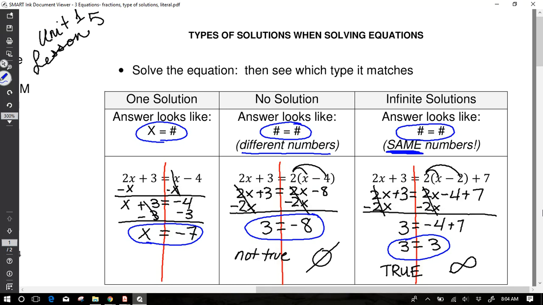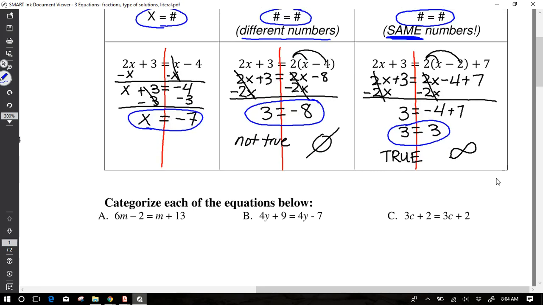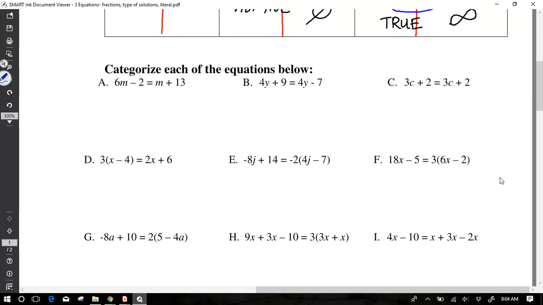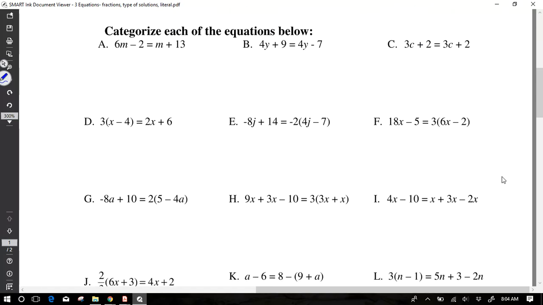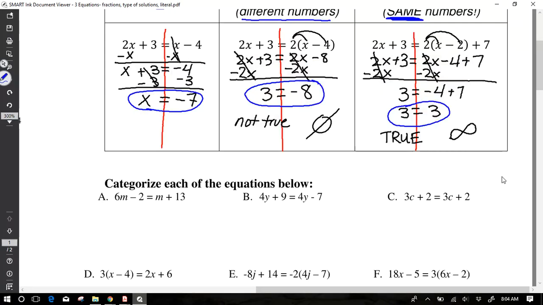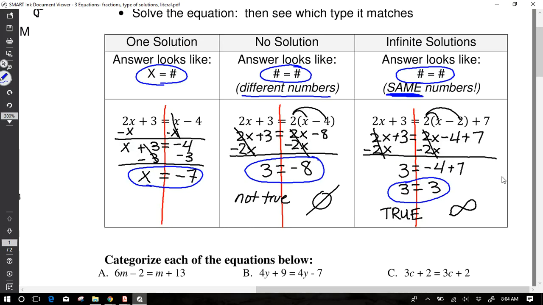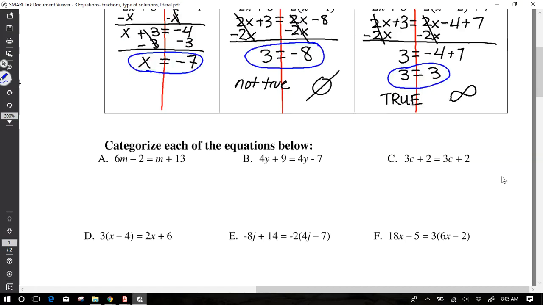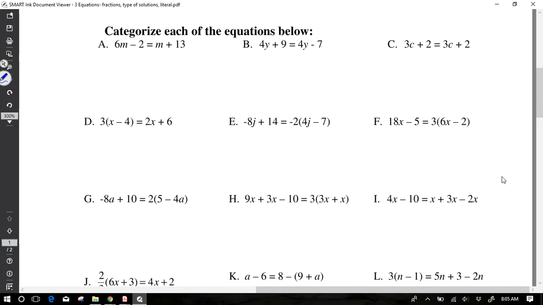And that is our whole lesson on our first part of what we're doing today. But we're going to just do a break from listening to our video. You are going to work with a partner, and I have down below 12 different equations, and they're all jumbled up. Some are one solution, some are no solution, and some are infinite solutions. There are going to be 4 of each type.